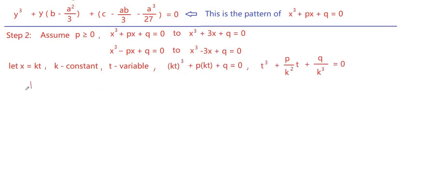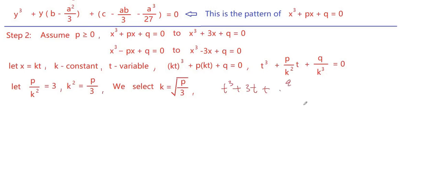We let p divided by k squared equal to 3, and we have k is equal to root of p divided by 3. We can select negative or positive, but positive is enough. And this becomes t cubed plus 3t plus q divided by k cubed, with k being root of p divided by 3, equal to 0.